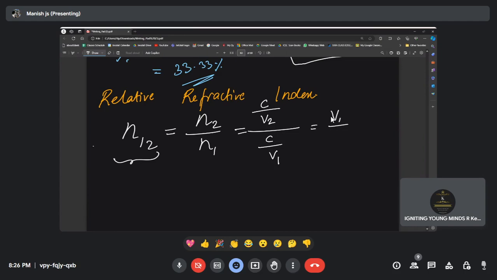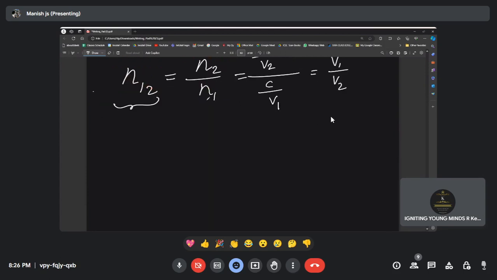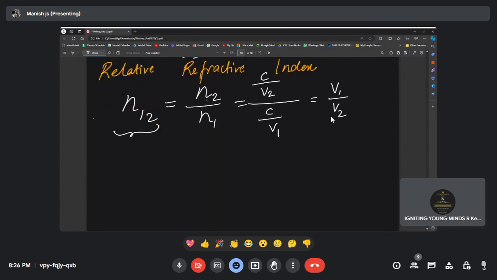V1 upon V2, sir. Correct. So N12 is equal to N2 upon N1, which is V1 upon V2. Similarly, N21 is equal to N1 upon N2, which is V2 upon V1.